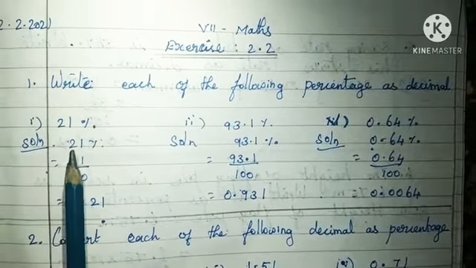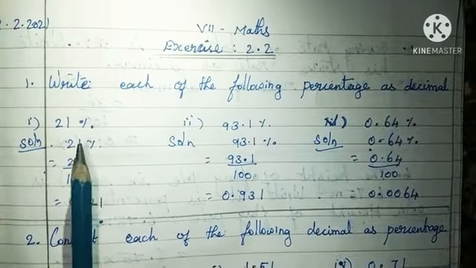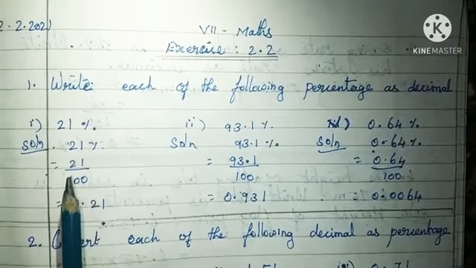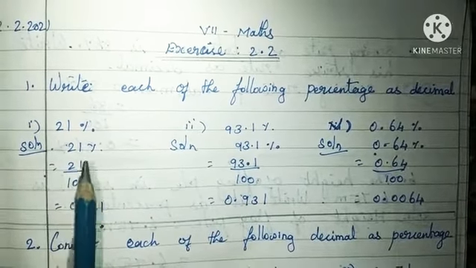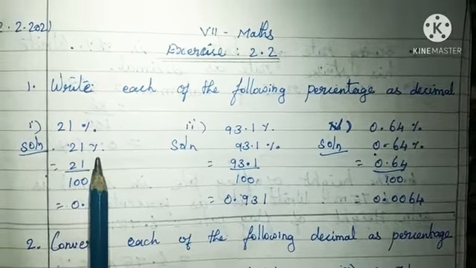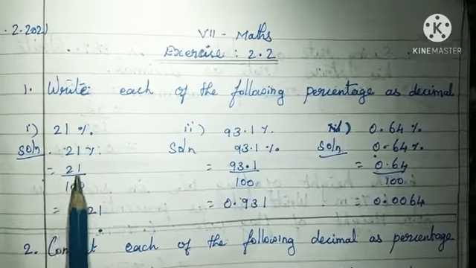And to convert this 21% into decimal, first you have to remove this percent symbol. If you are removing this percent symbol, then you have to divide it by 100. You know that percent means 100. Therefore, when we are removing this percentage symbol, you have to divide it by 100. Then we can write 21 by 100.